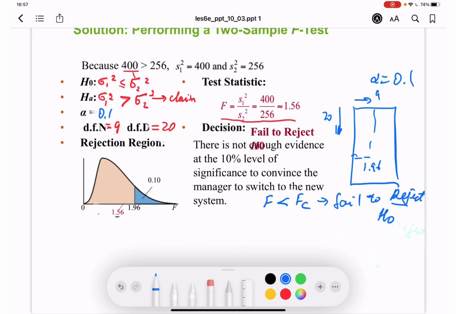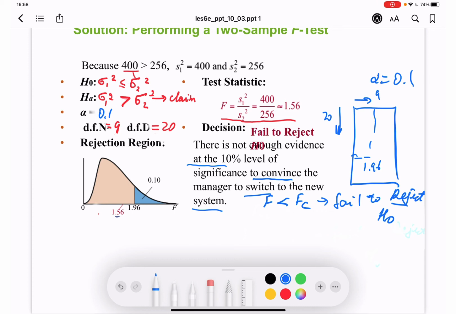Since we reject the alternative, we use the verbiage support: there is enough evidence at the 10% significance level to convince the manager to switch to the new system.